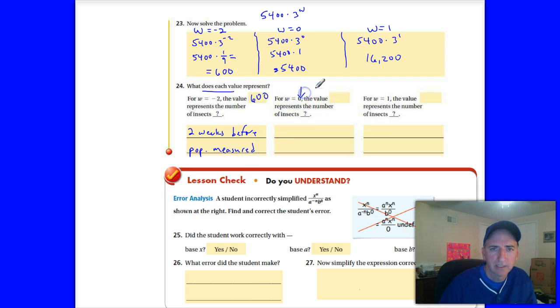For W equal to 0, we got 5,400. The value 5,400 represents the number of insects when the population was measured.